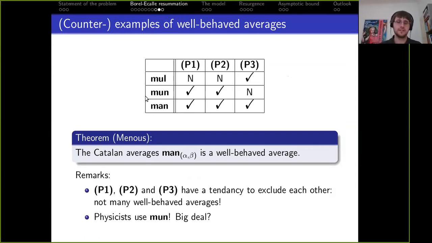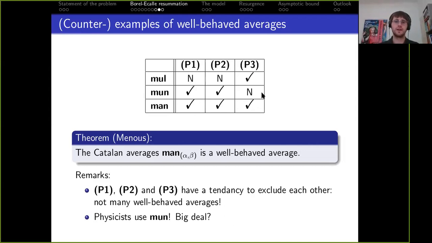On the other hand, it's not easy to see that the median average solves the algebraic problem. This was actually claimed in an article by Ecalle and Menou, but I don't think they published that it was true, but it was really explicitly proven by Schiappa and Aniceto, I think in 2012, by using this other approach of average, where they really showed that it does solve exactly this algebraic problem.